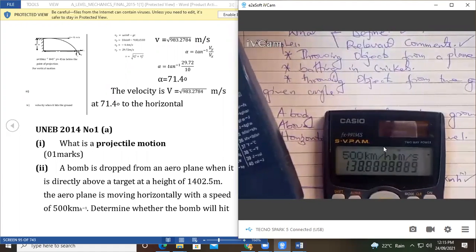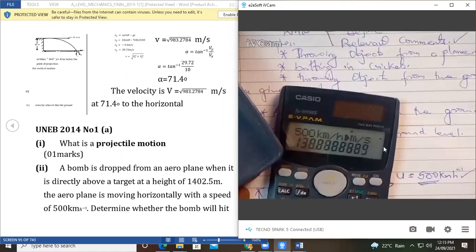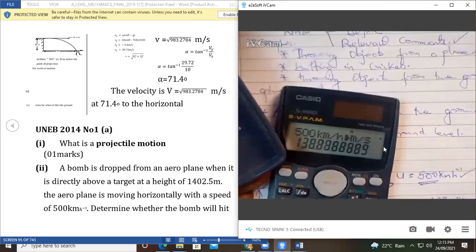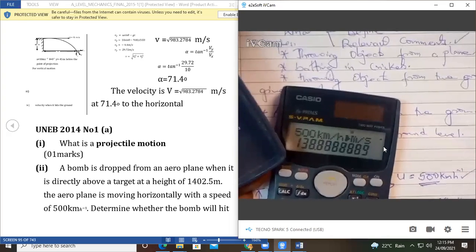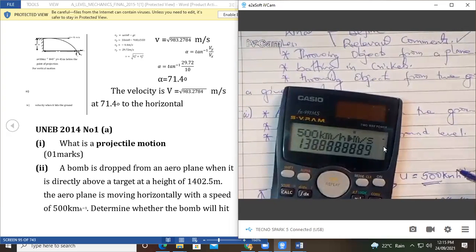So what do you get? When you follow that step clearly, our initial speed will be 138.89 meters per second. That's the initial speed you are going to use. You are not going to use 500.